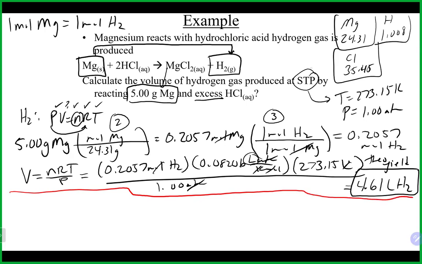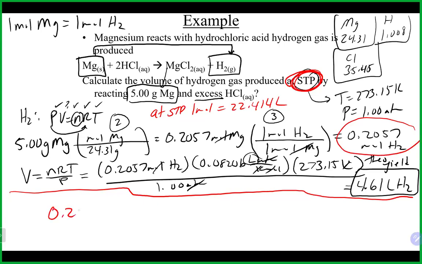In this particular case, we were at STP, which means you could use that relationship we talked about earlier, that at STP, 1 mole of a gas equals 22.414 liters, which means you could have picked up right around here.